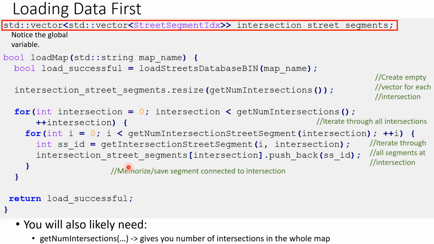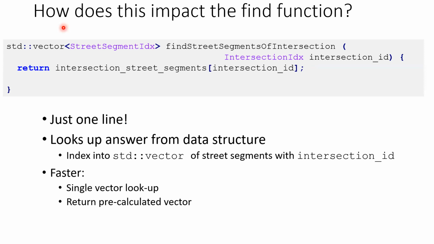So here is the code to populate the global variable. And what will the final find 3 segments of intersection function look like?